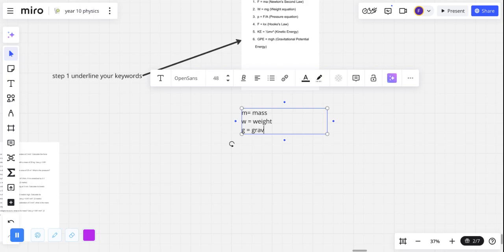I might not use the word gravity today. I'm not going to talk about a constant yet. We're going to talk about force. We are going to talk about area.